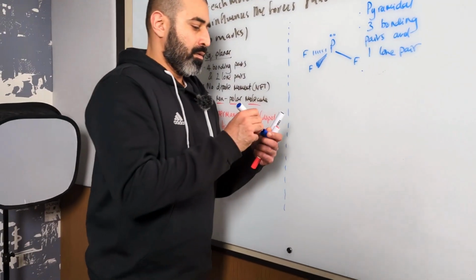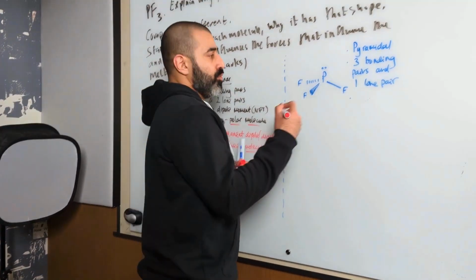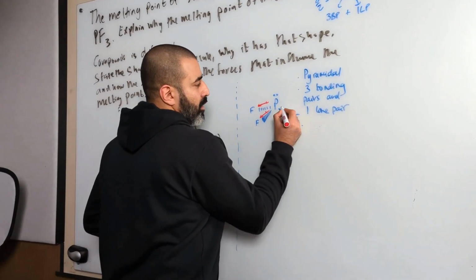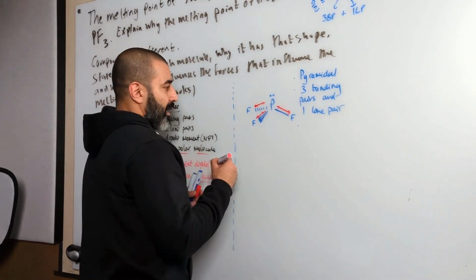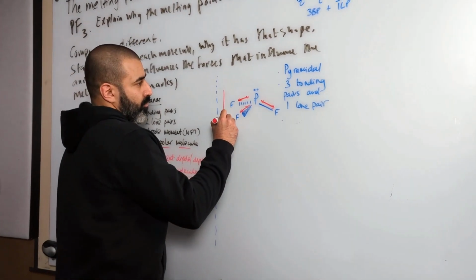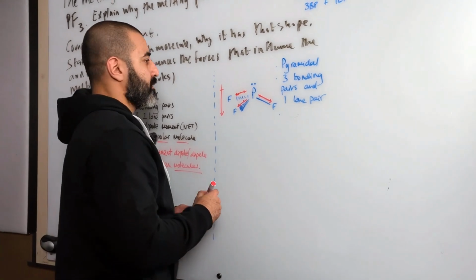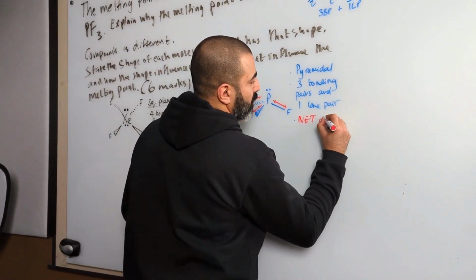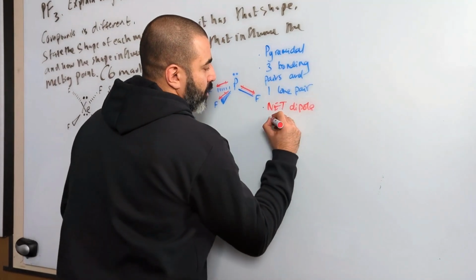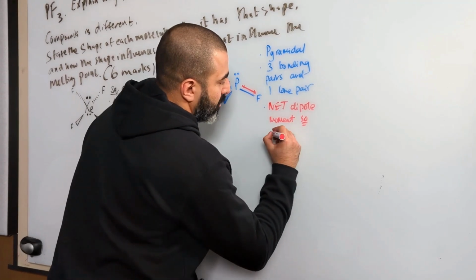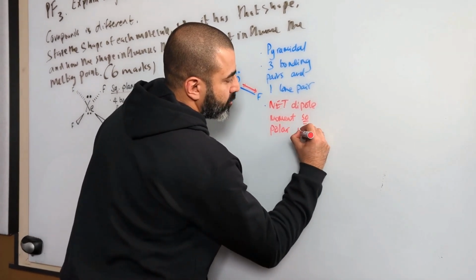Now here, the dipole moments do not cancel out, due to the shape. And that means we have a net dipole moment in this direction. So we have a polar molecule.